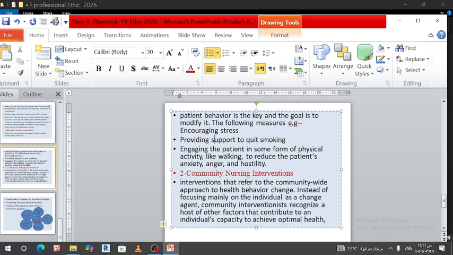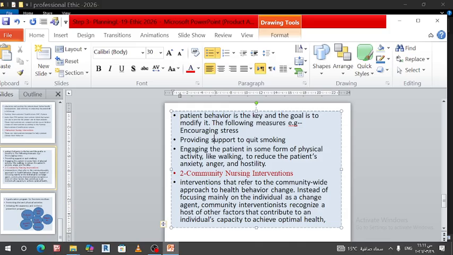Okay. Community nursing intervention, also called community health nursing intervention, refers to a community-wide approach to health behavior change.